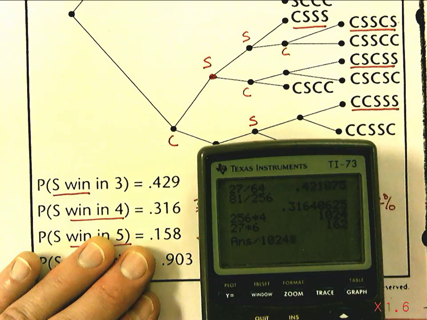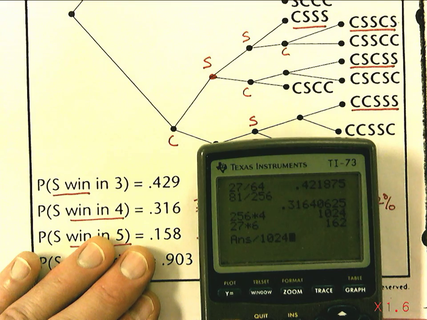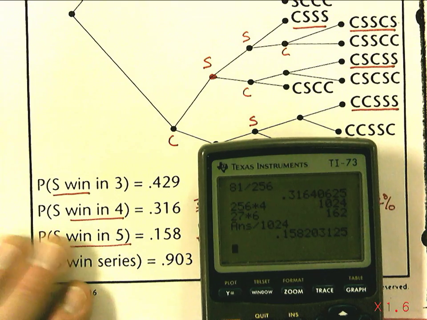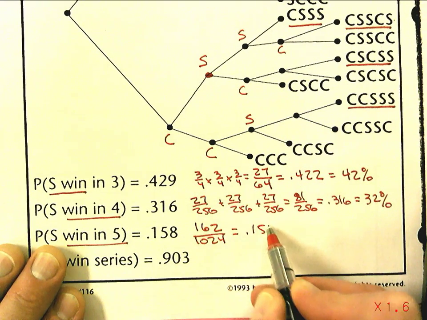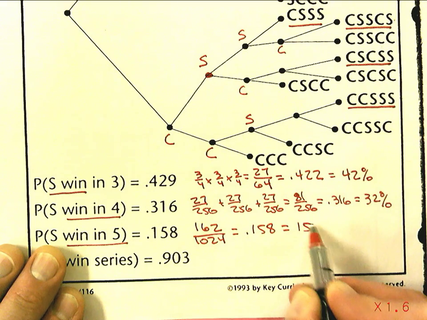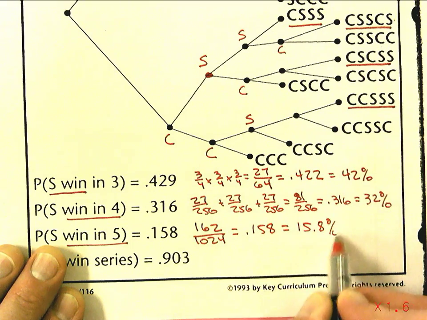I'm just going to put that in my calculator. The 162 divided by 1,024, and I get 0.158, which is exactly what they got. Or I could write that as 15.8%.